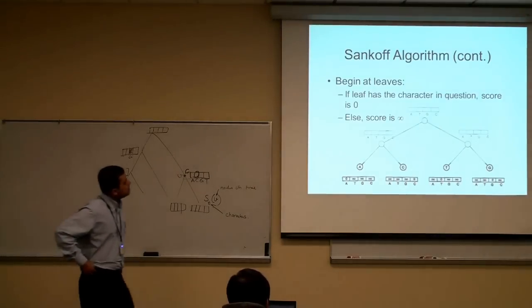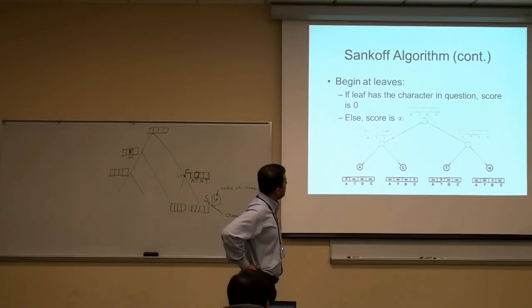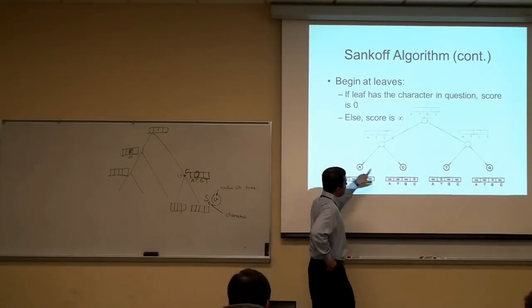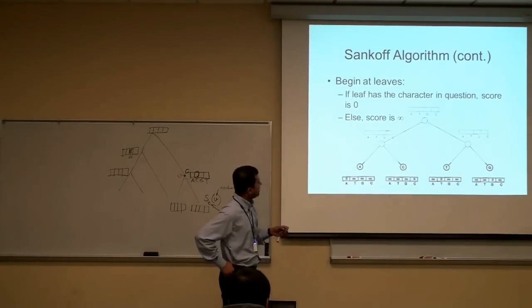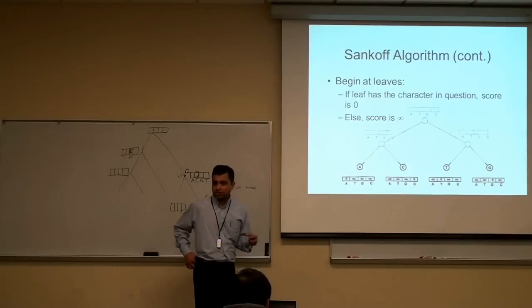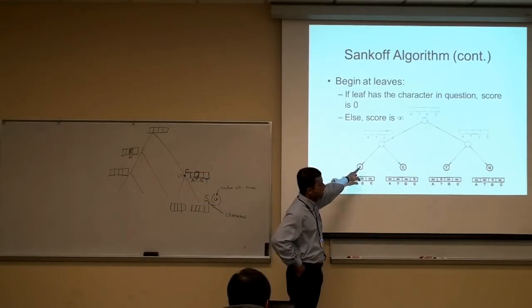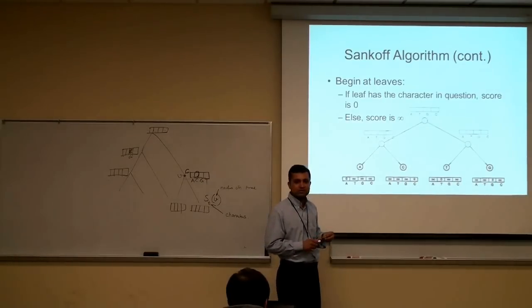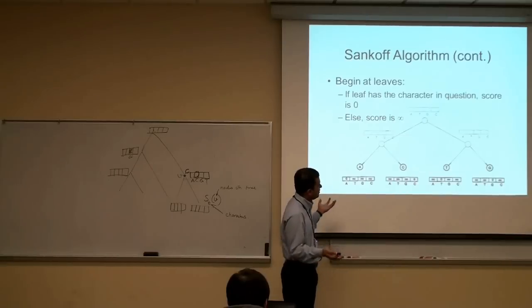So here's the example. You begin at the leaves. And here's the distributed table that we're going to fill in. For the leaves, the rules are very simple. So you're given the character at the leaves. And you're given the scoring matrix. I mean, in this case, intuitively, if it was all zeros and ones, if you were only counting matches and mismatches, then there's nothing smart you can do.